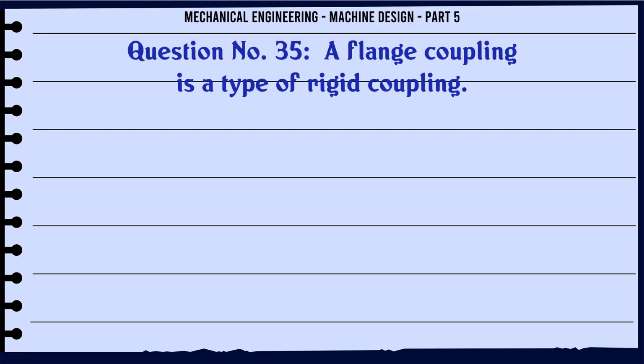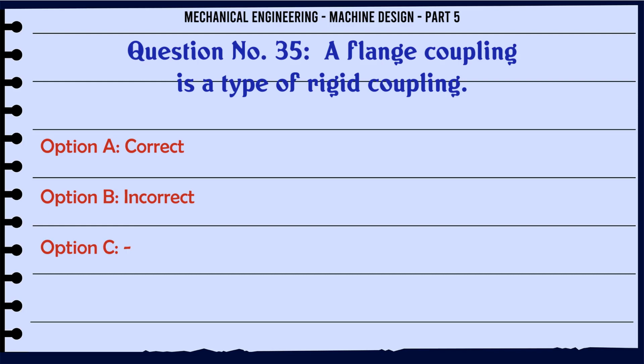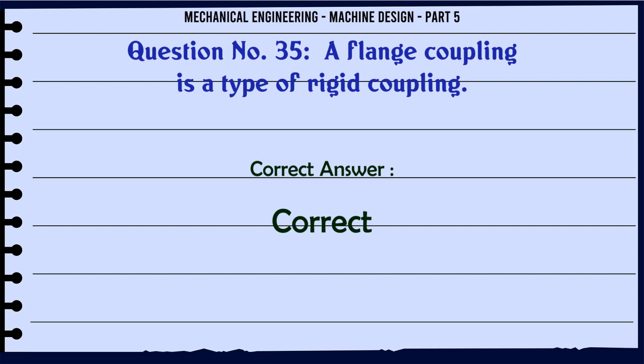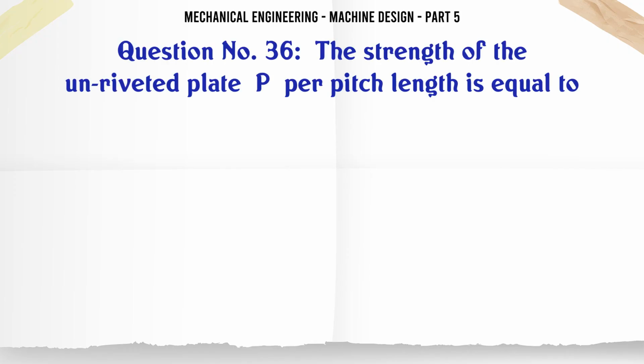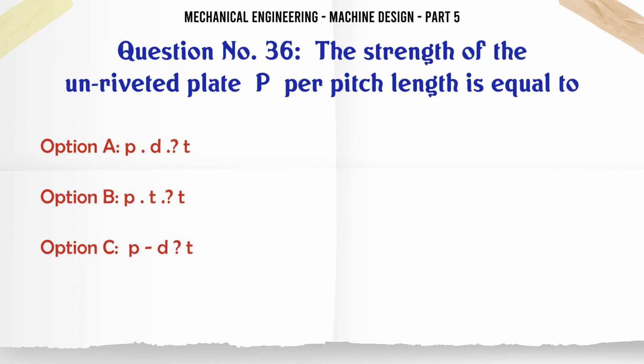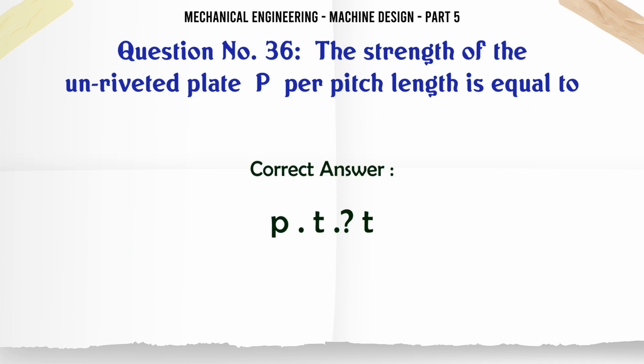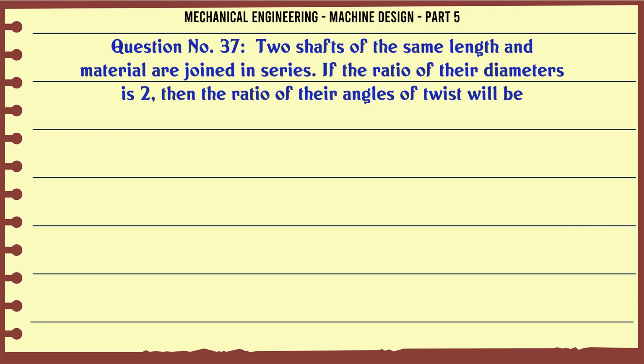A flange coupling is a type of rigid coupling. A. Correct, B. Incorrect. The correct answer is correct. The strength of the unriveted plate P per pitch length is equal to A. P, D, T, B. P, T, T, C. P, D, T, D. P, D, T, T. The correct answer is P, T, T. Two shafts of the same length and material are joined in series.